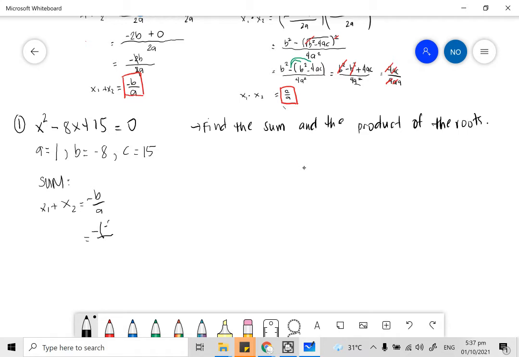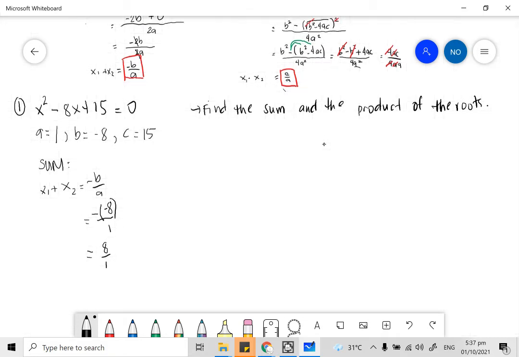The value of b is negative 8 over 1. Solve natin yan. Negative times negative 8, that will be positive 8 over 1. And when you simplify it, the result will be x of 1 plus x of 2 equal to 8. Therefore, 8 is the sum of the roots of the given equation.